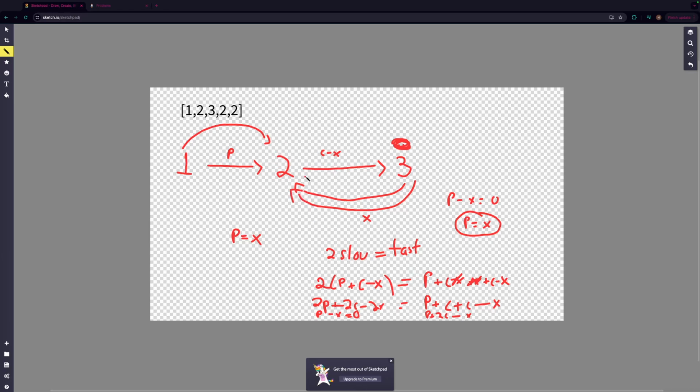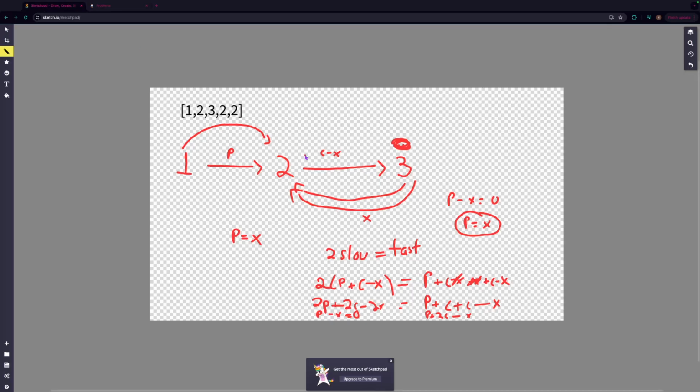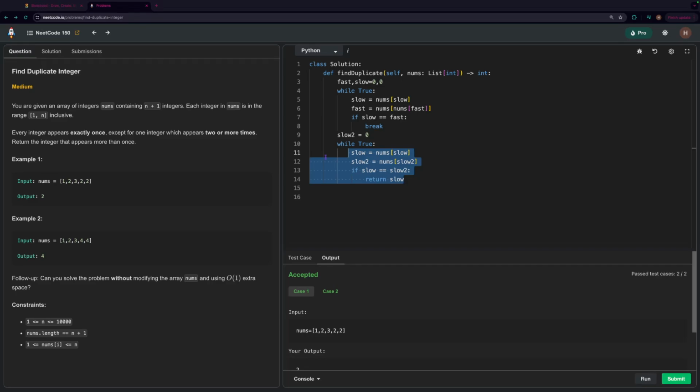And since we know that the distance between the beginning of the linked list and from the intersection point to the beginning of the cycle are always going to be equal, once we're incrementing these 2 pointers, they're eventually going to intersect at the beginning of the cycle. And the beginning of the cycle is the element that repeats within the linked list. So that's basically what we're doing here. We're incrementing each pointer, and then once they intersect, we just return a slow pointer.